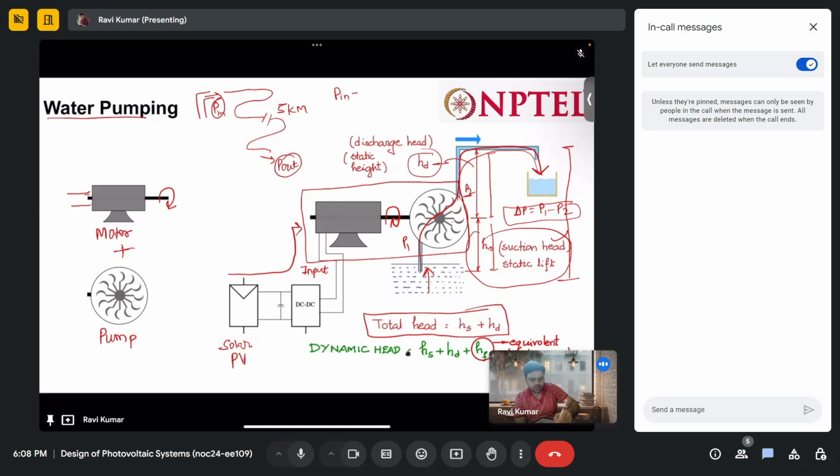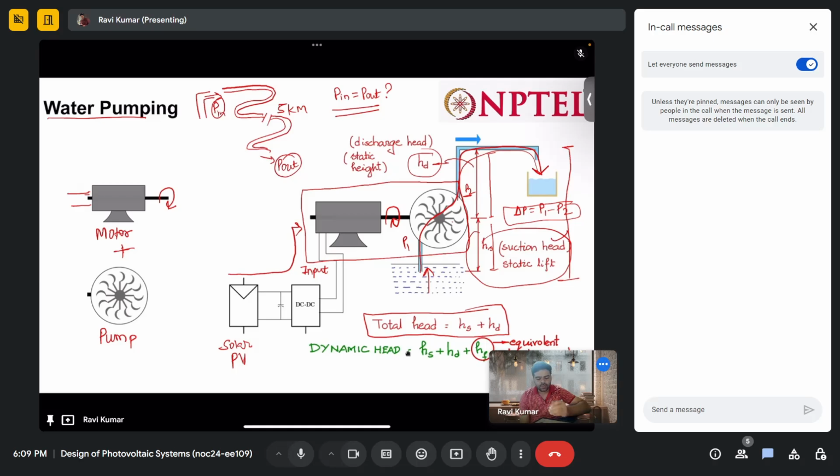P in will be equal to P out. It means our water is crossing a pipe of 5 kilometers long. It means 5,000 meters long. So will there be any loss of this pressure?